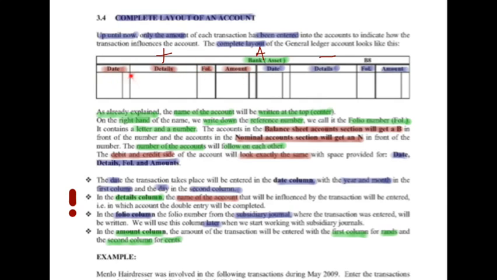So the date column, as we have written here in the first bullet: the date the transaction takes place will be entered in the date column. But you can see underneath the date column, there are two columns basically. In the first column, we will write the month and the year.